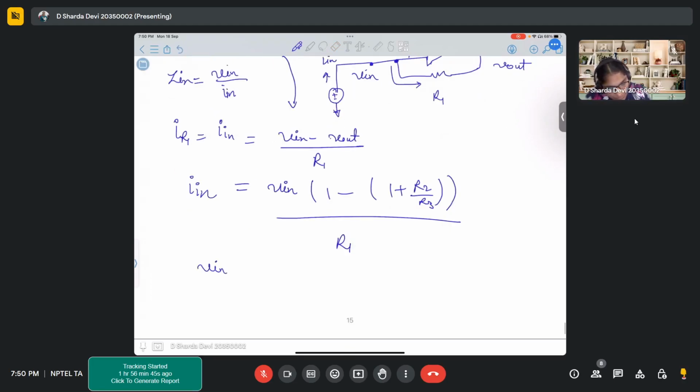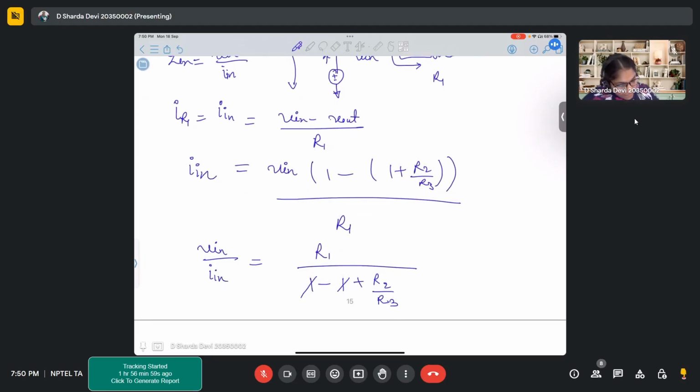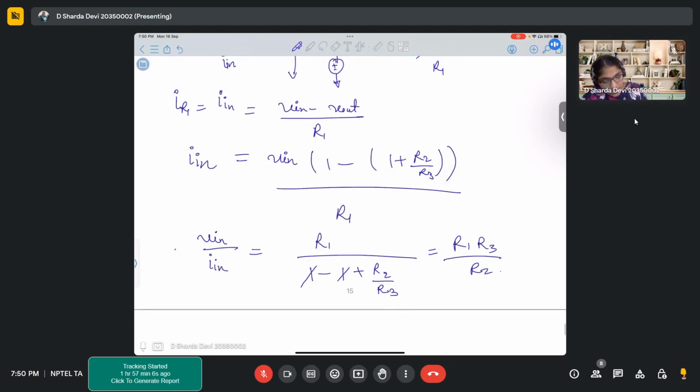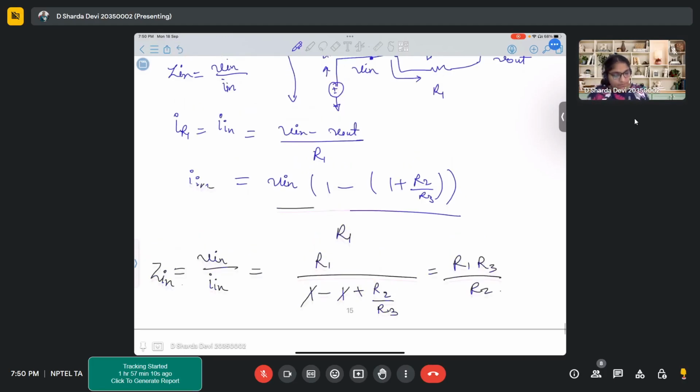So Vn by In will be R1 upon 1 minus (1 plus R2 by R3). So this 1 minus 1 cancels. It is R1 R3 by R2, which is your Zin.